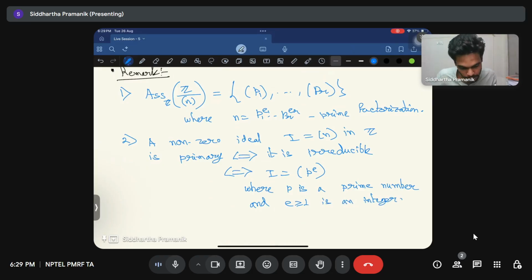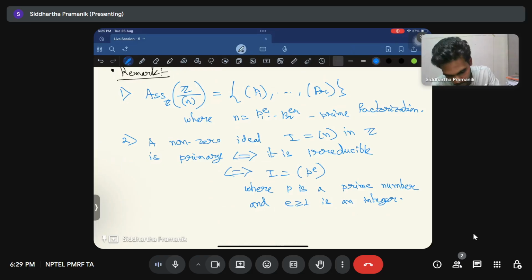So this gives the complete description of non-zero primary or irreducible ideals. And the zero ideal is a prime ideal because Z is an integral domain. So 0 is also primary as well as irreducible.